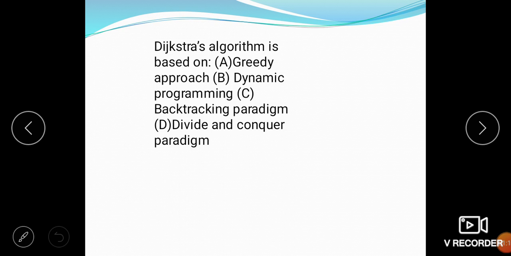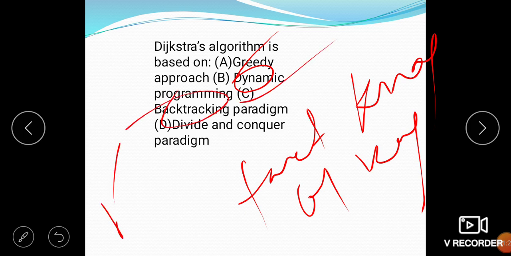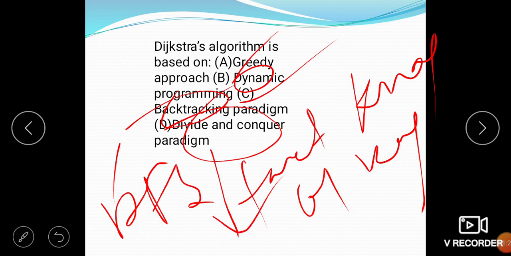In the greedy method you can find the fractional knapsack problem, while the 0 1 knapsack problem is under dynamic programming. And backtracking is used in depth first search, and in divide and conquer we use merge sort and quick sort.